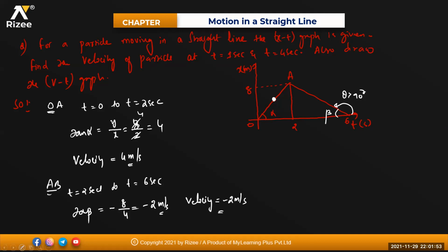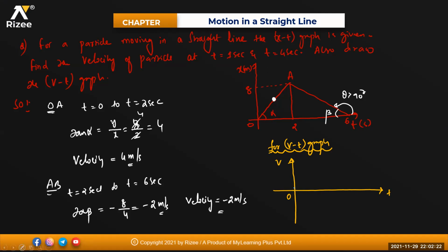Now for the VT graph, what will we do? For the velocity versus time graph, now see, this is your origin, this is your velocity, and this is your time. Now tell me, 0 to 2 seconds, what is the velocity? 4 meter per second.